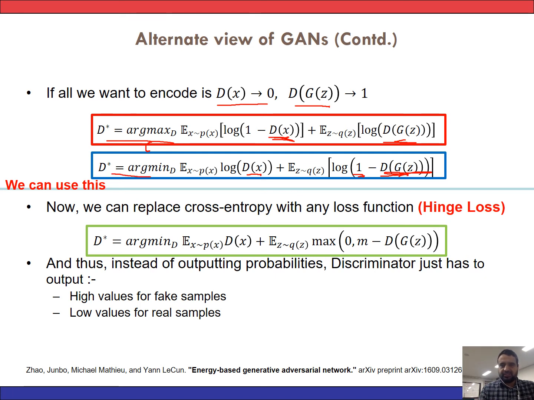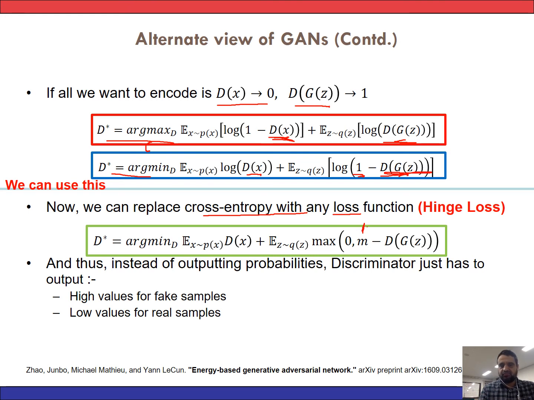Now once we change this problem into a minimization problem, we can replace this cross entropy loss function with any other loss function, and we can define some value m rather than a single binary value 1 or 0.